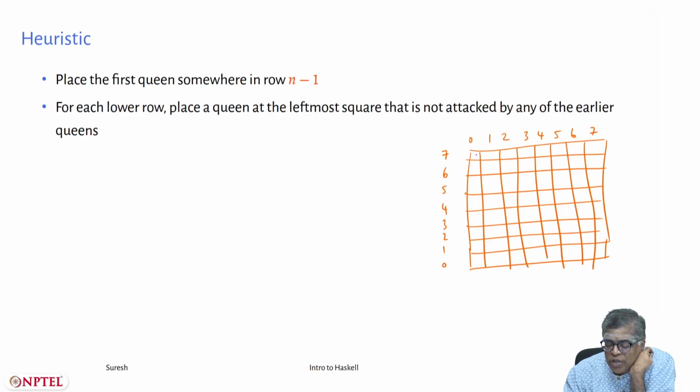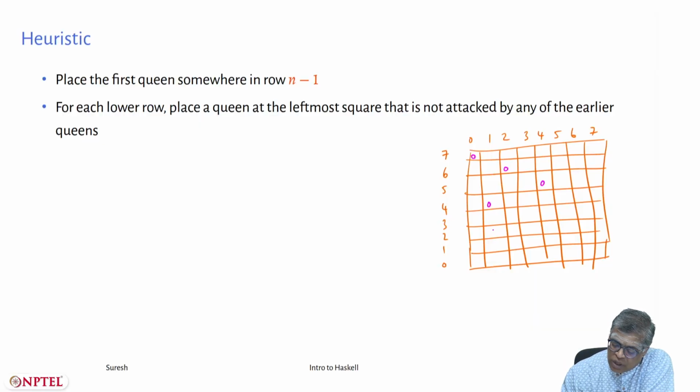I'll first place the queen here, then for row 6 I will place the queen at the leftmost square not attacked by the earlier queen. So this and that are attacked by that queen, so I will place it here. When I come to row 5, this is attacked by that queen, this is attacked by this queen, and so on. I can choose this. When it comes to row 4, I will choose the leftmost, and this is the leftmost. Here this queen cannot attack this, and that queen cannot attack this.